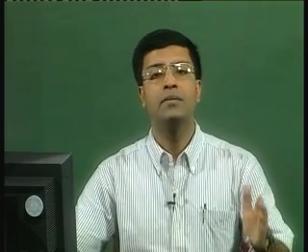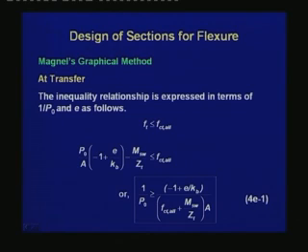Once we substitute the expression of Ft in this inequality relationship, we get a relationship which relates P0 with E. To get that relationship, we are transposing the terms such that on the left hand side of the inequality, we are retaining 1 by P0, and on the right hand side, we are retaining the eccentricity E, the geometric variables Kb, Zt and A, the self-weight moment MSW, and the allowable tensile stress Fct allowable.